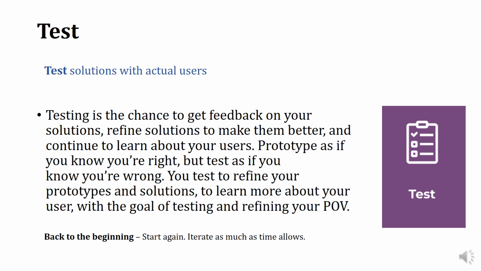This will help us to refine our solutions and make them better. And it is a continuous process so that we can keep updating our prototype and make it better and better.